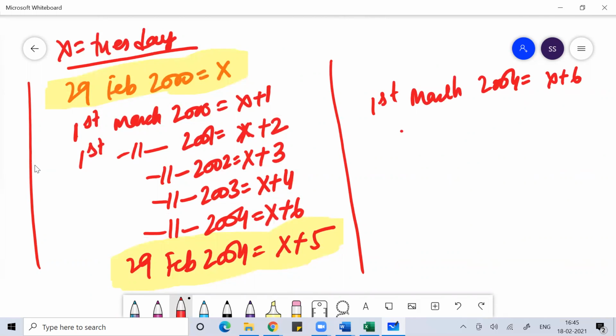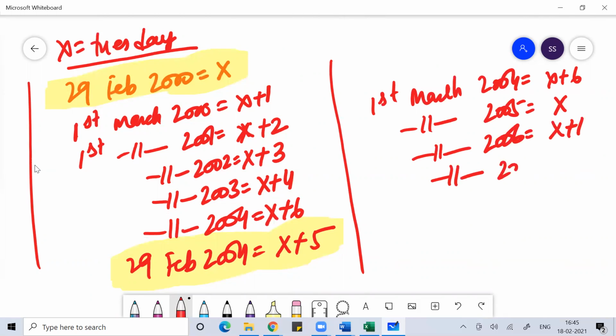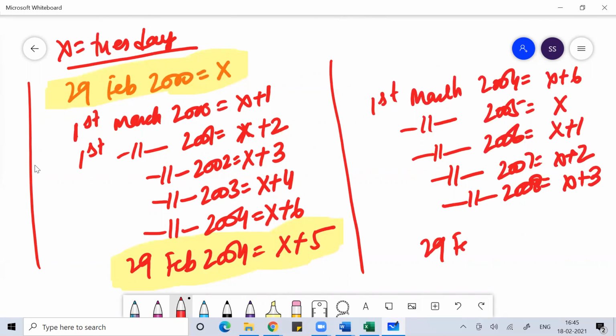Then 1st March 2005 is x plus 7, which means x. 1st March 2006 is x plus 1. 1st March 2007 is x plus 2. 1st March 2008 is x plus 3. So 29 Feb 2008 was x plus 2.